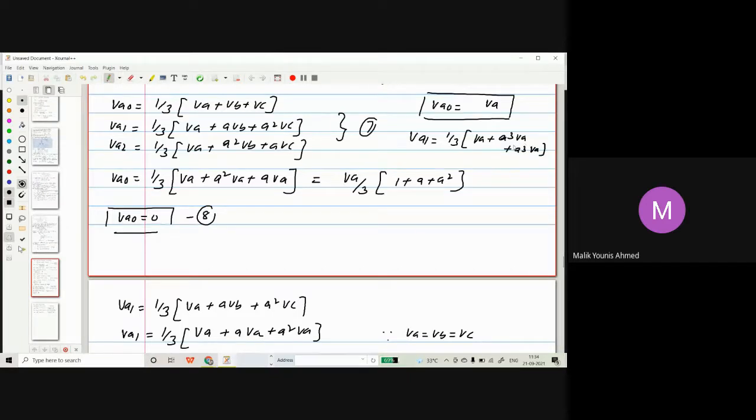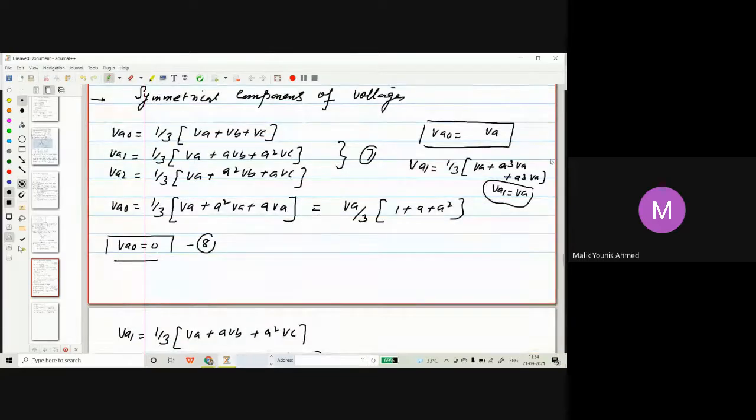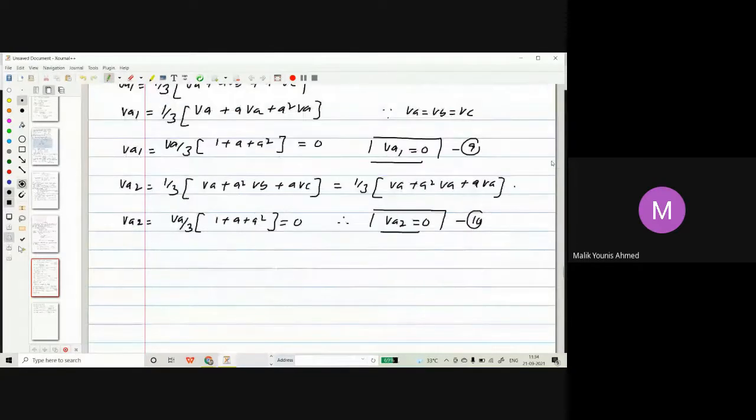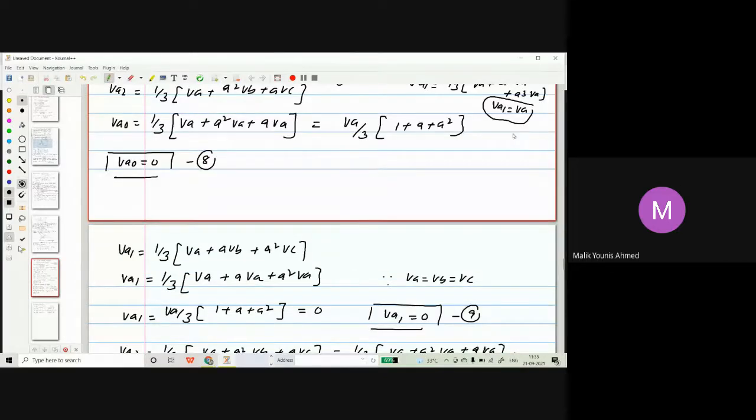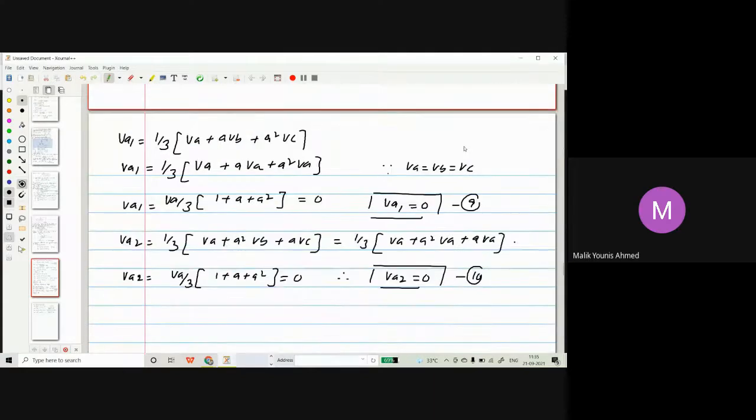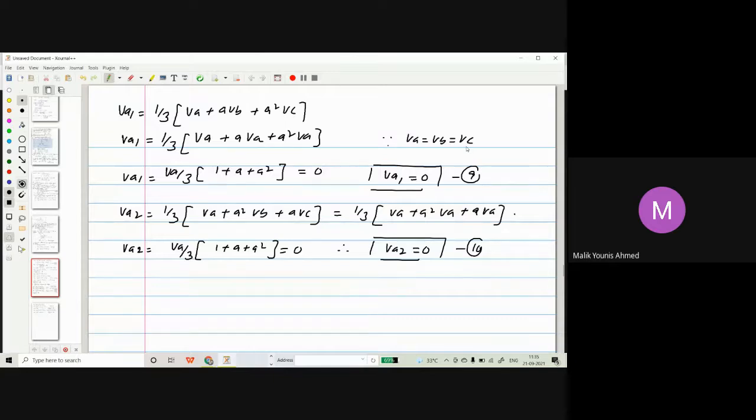So this A cube is 1, VA, again we'll be getting VA1 as VA. Similarly, we can get VA2 also as VA. So that means all the sequence components in either case will be the same.